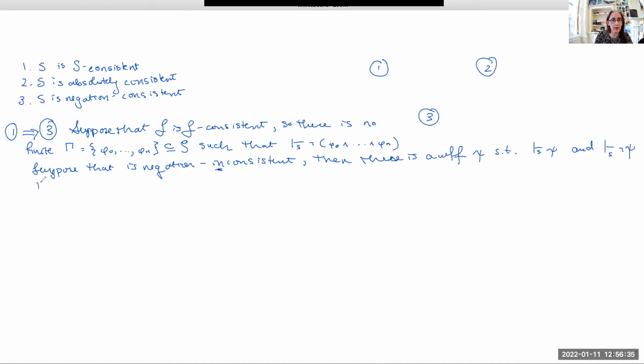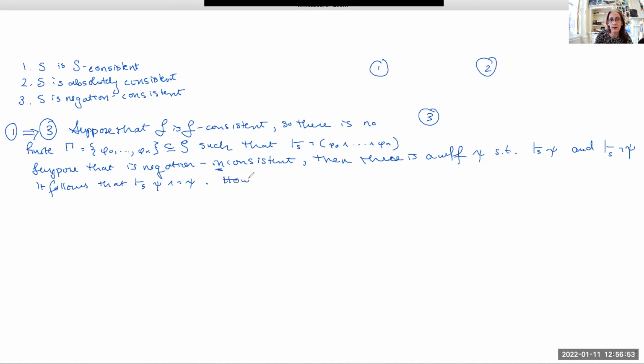It follows that if you can prove both of the formulas individually, you can prove the conjunction of them. So in S, you can prove the conjunction psi and not psi.